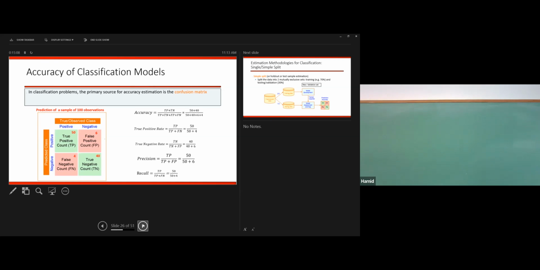with an accuracy of 95%, true positive rate or sensitivity of 98%, true negative rate or specificity of 48%.